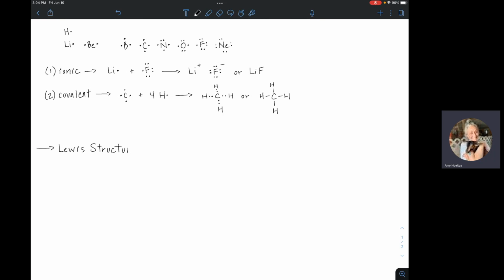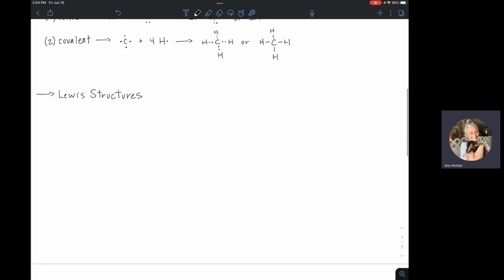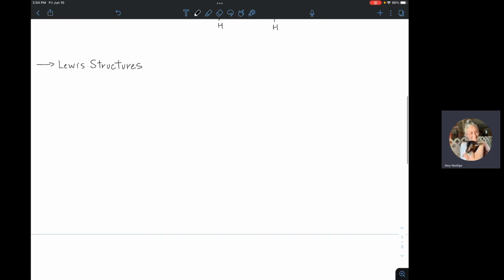Or what happens when we have a covalently bonded structure that has a charge, like a polyatomic ion? Or what happens when you can draw a bunch of different structures that are all electronically equivalent? We've just moved the electron density around. In other words, we're drawing resonance structures. So let's just get a couple of examples in. This is, again, just a review for how to draw these Lewis structures. So I could take a molecule like ammonia, for example.